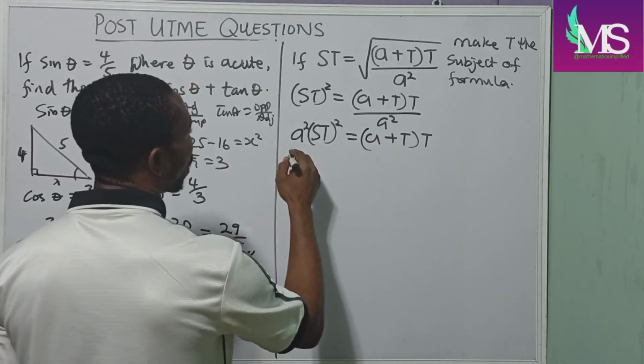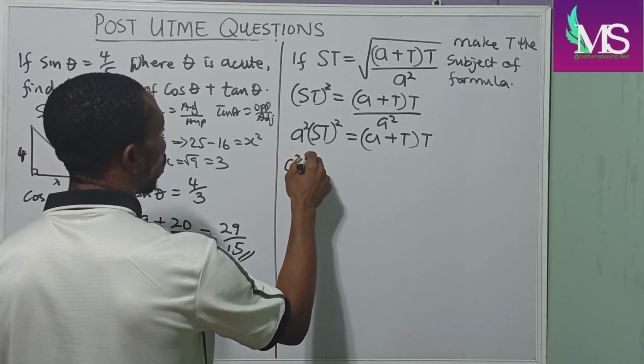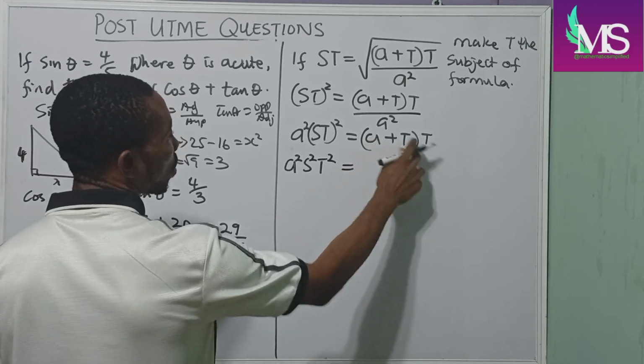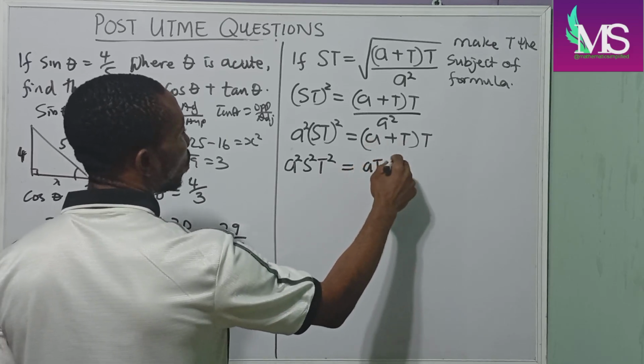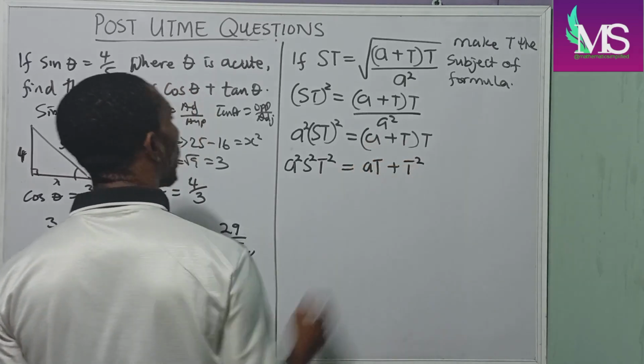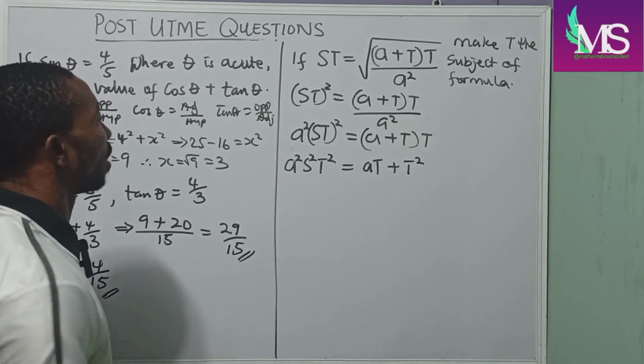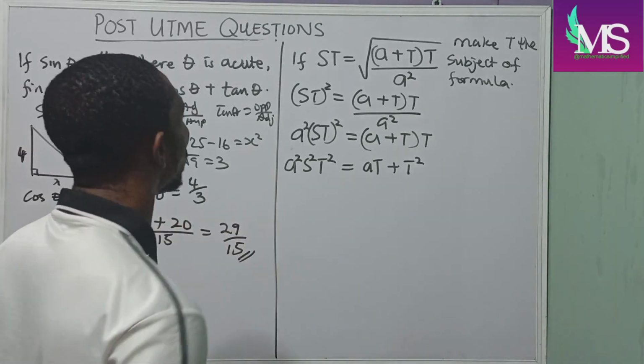Now we open up our brackets. If we open up our brackets, we have it as a squared s squared t squared equals at plus t squared. Okay, so from here, we can decide to collect our t squared together.